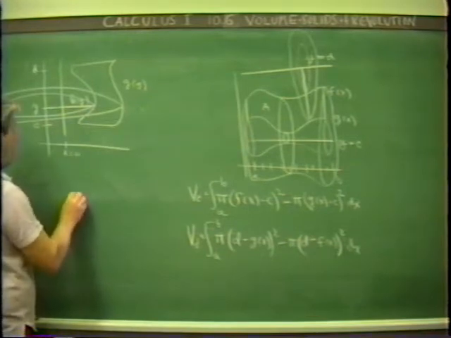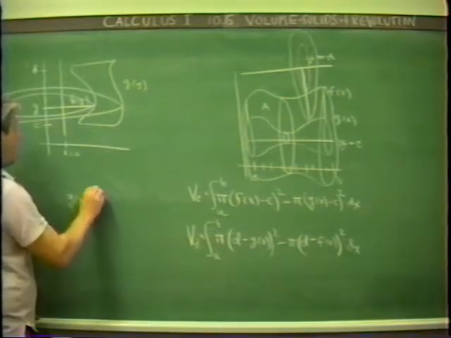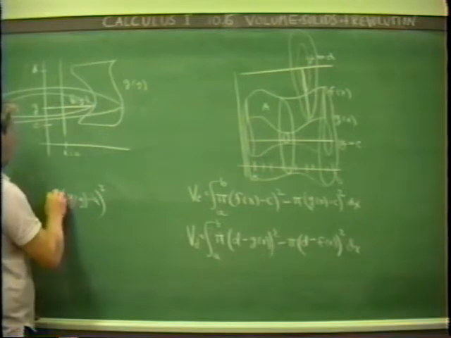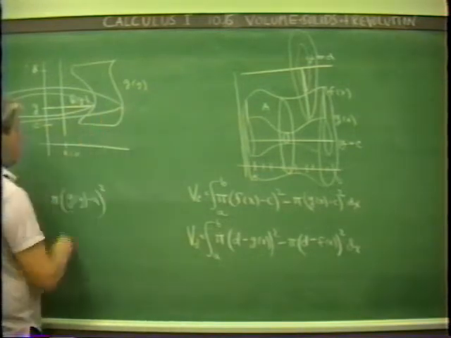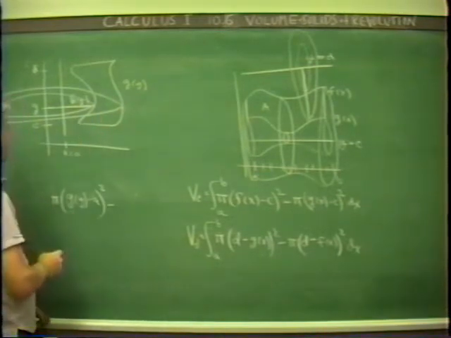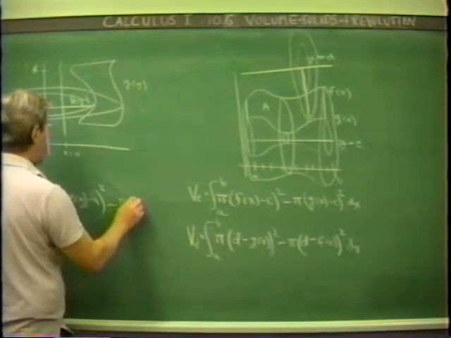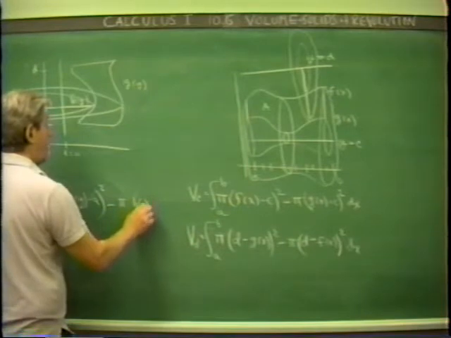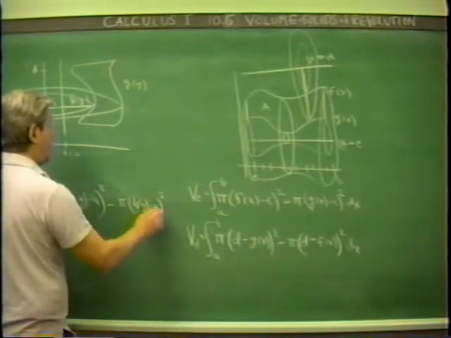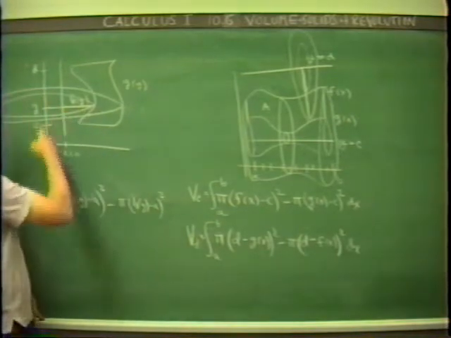And here what do we have? For the outside radius, we have g of y minus a. So if that is squared and multiplied by pi, that'll give you the area of the outside circle. Subtract from that the area of the inside one, which is going to be pi times h of y minus a squared.